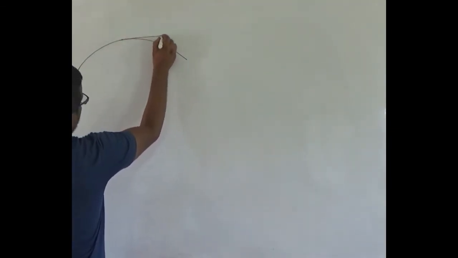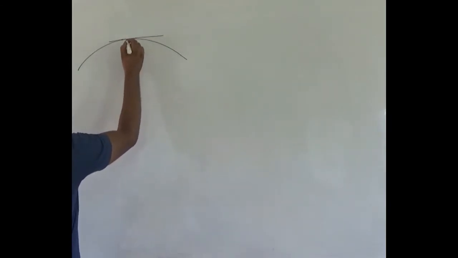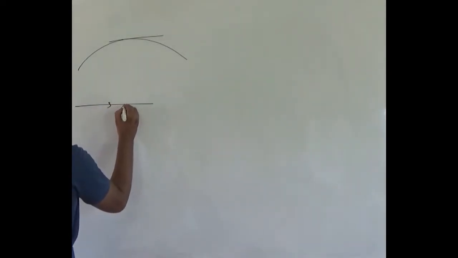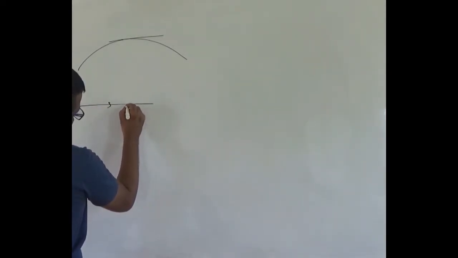That means if this is an electric field line, then at this point if we draw a tangent to this curve line or whatever, if it is a straight line, then that is the tangent to the curve. If this is a straight line, then at this point tangent to this curve is the same straight line and tangent to the straight line will be along the same direction.